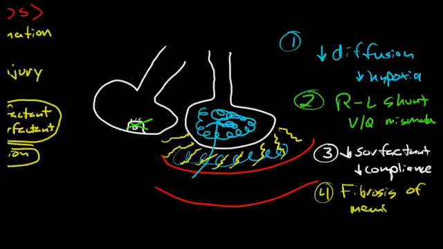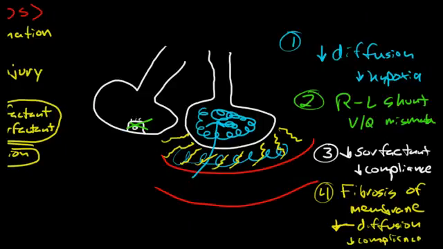And this is going to have significant diffusion deficits, so it's going to cause chronic hypoxia, and it also will cause a significant decrease in compliance as well, because the lungs are going to be stiff from all the fibrin that has built up in the capillary membranes around the system.